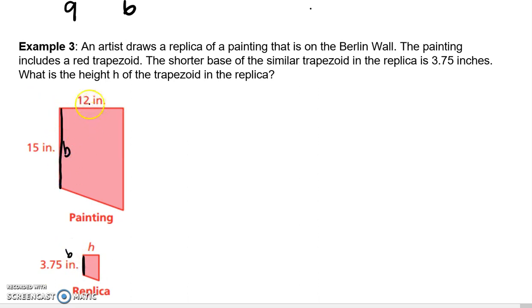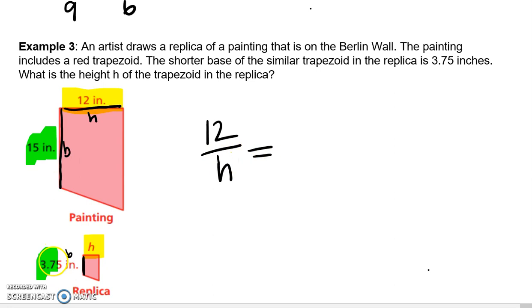All I have to do is set up my corresponding sides. So 12 corresponds to h. I would say 12 over h equals 15 over 3.75.